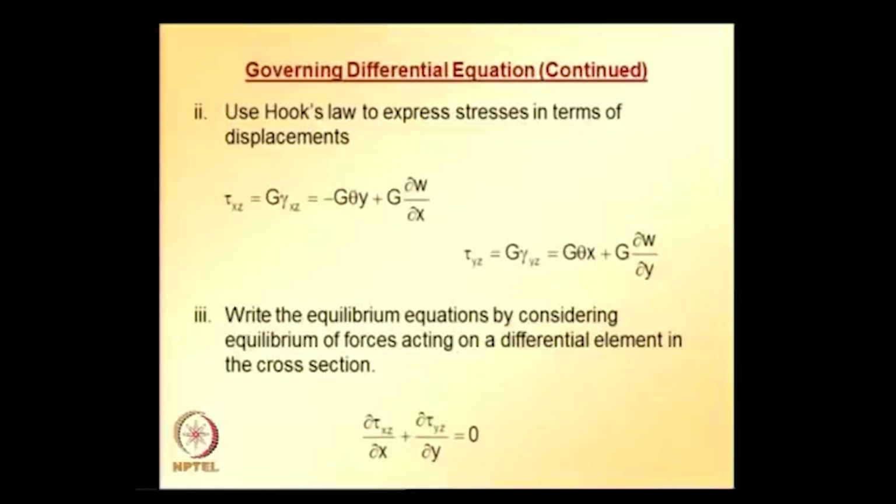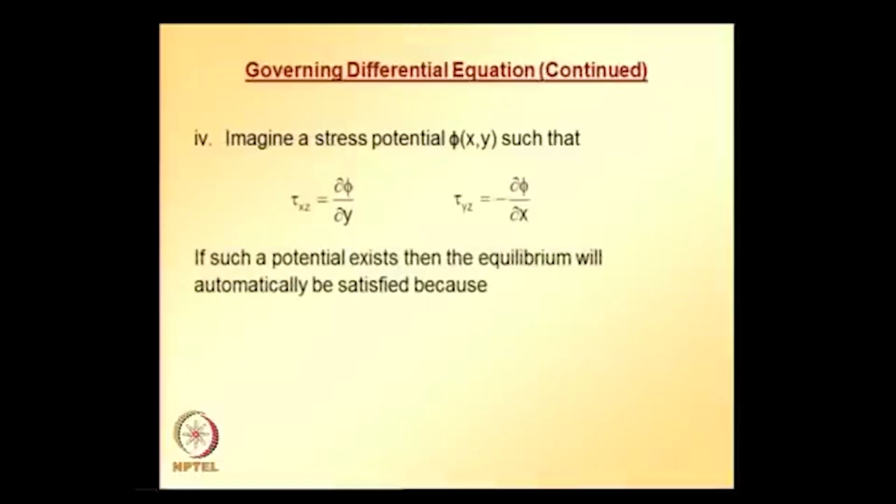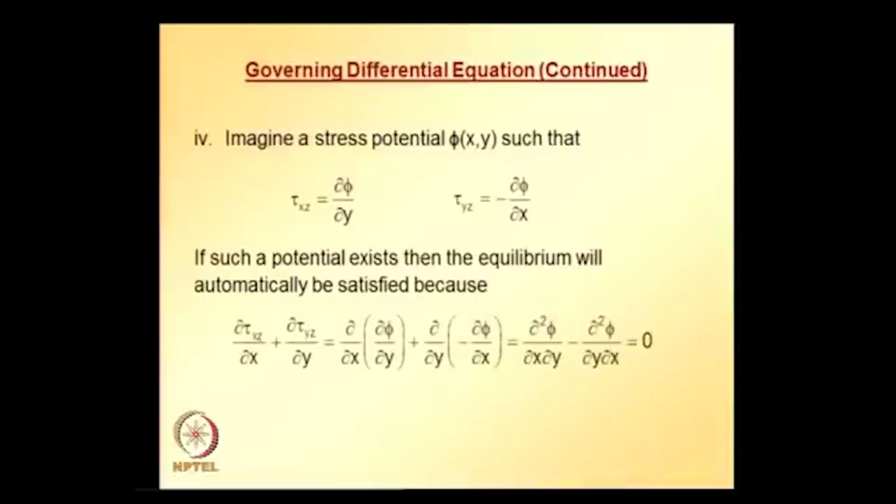We get this equation, and now imagine a stress potential such that it satisfies these equations. If we are able to find such a stress potential which satisfies these two conditions, then equilibrium will be automatically satisfied, because when we substitute these stress components, we notice that the equilibrium equation is automatically satisfied.